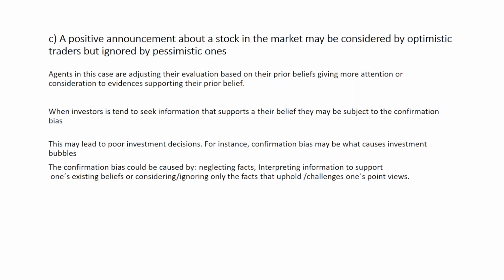This confirmation bias could be caused because we neglected a fact or interpreted the information in order to support our own beliefs, or because we ignore the information because it challenges or doesn't confirm our own established opinion.